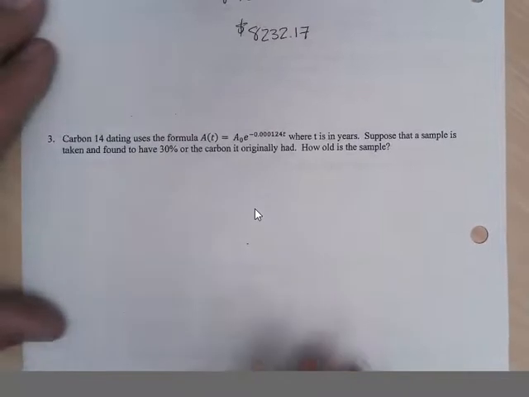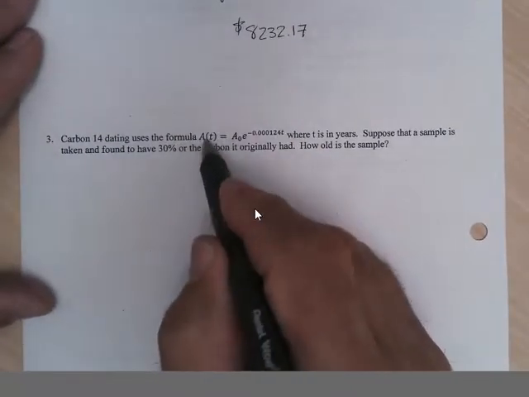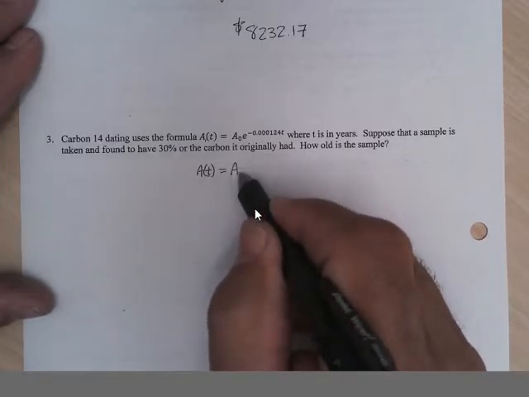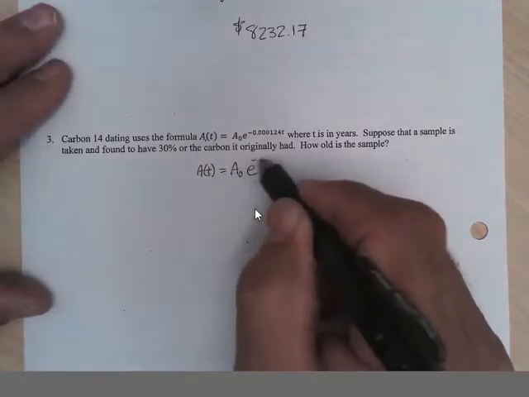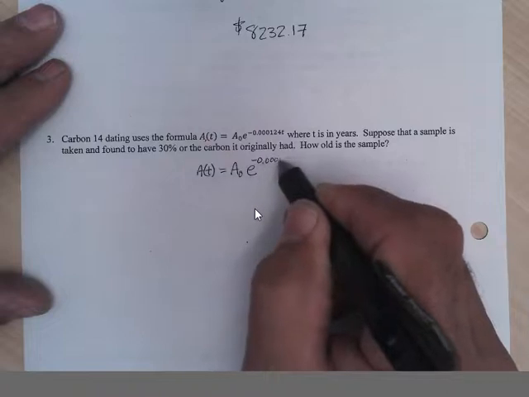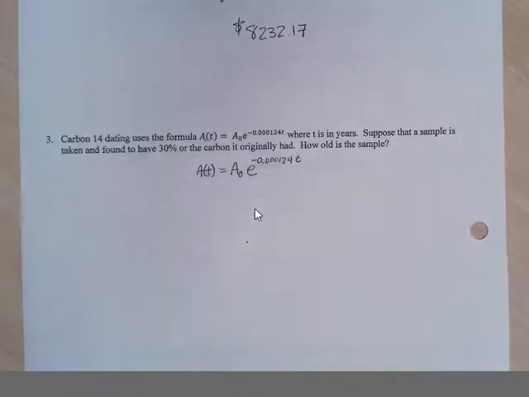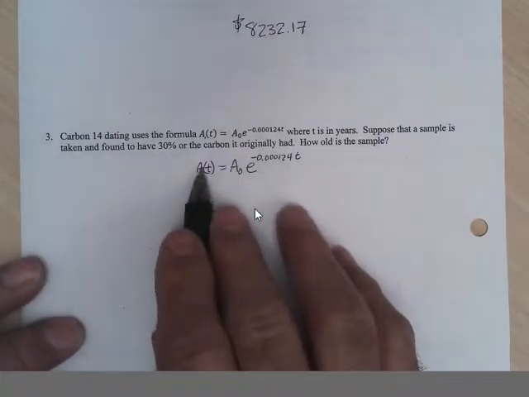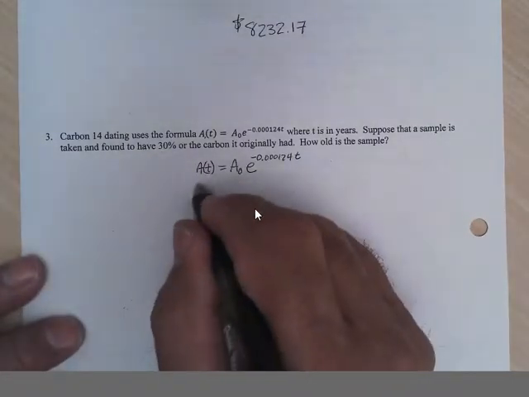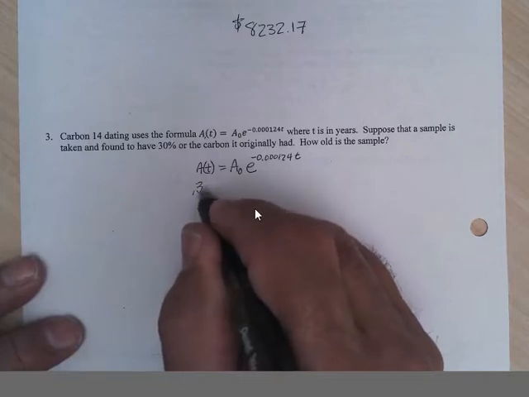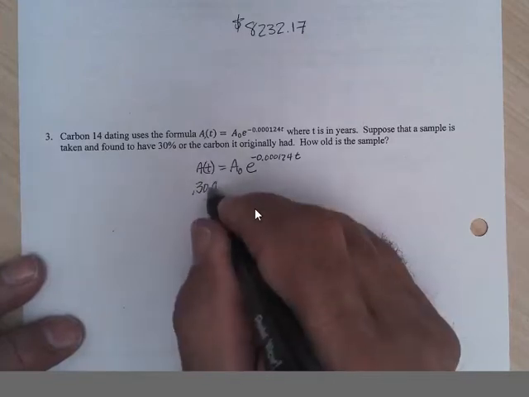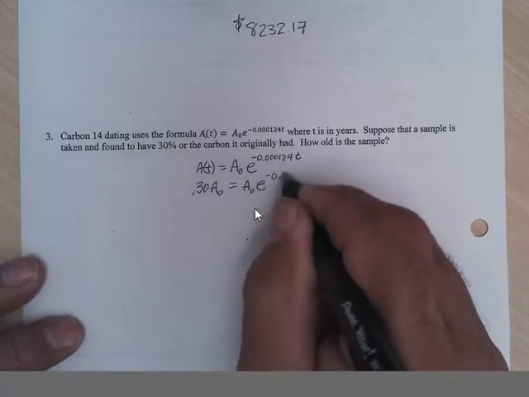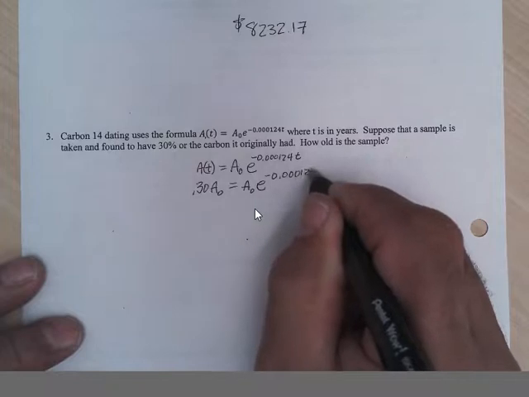Okay, carbon-14 dating. So now we have the amount we had at the end, which we don't know, equals the amount we started with, which we don't know, e to the negative 0.000124 t. But we know that 30% of whatever we started with is here. So I could write 0.3 for 30% times the starting amount equals the starting amount e to the negative 0.000124 t.